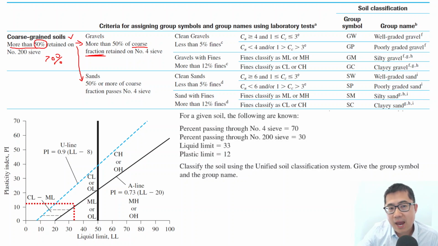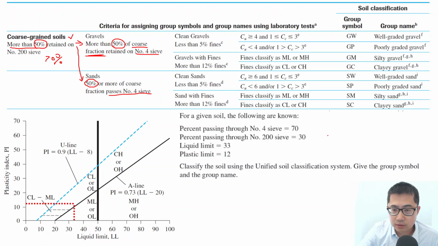So anything passing number 200 sieve is the fines. So out of those coarse fraction, do we have more than 50% retain on number 4 sieve, or do we have more than 50% passing number 4 sieve?